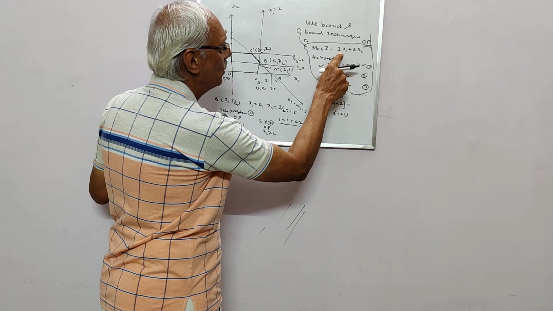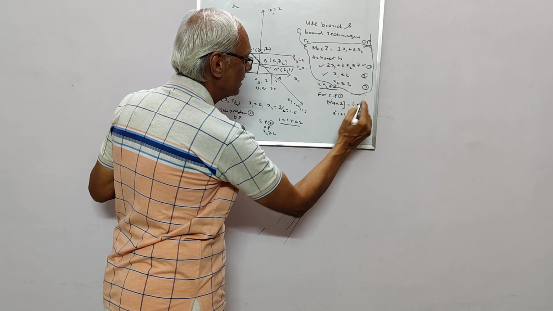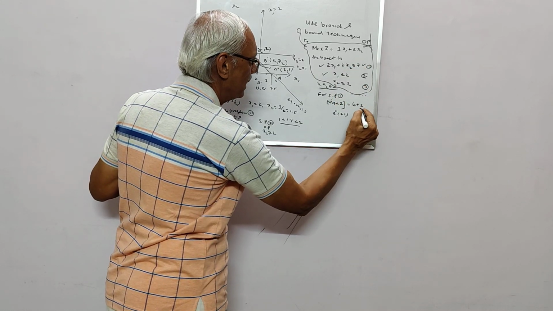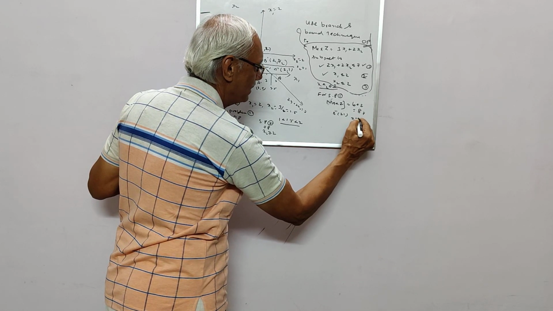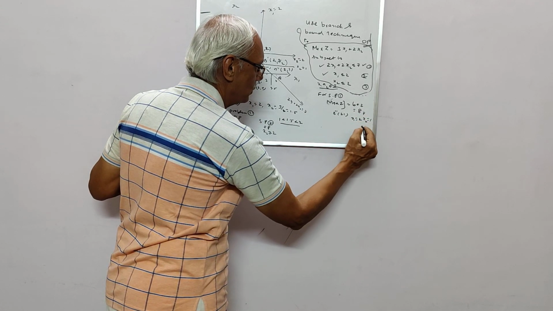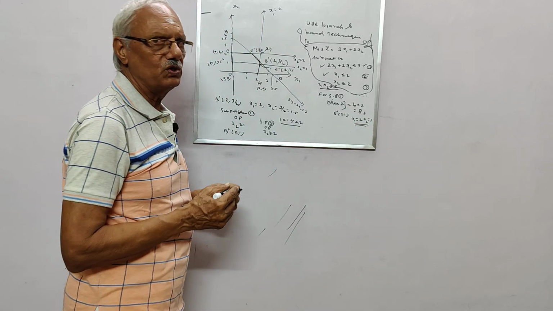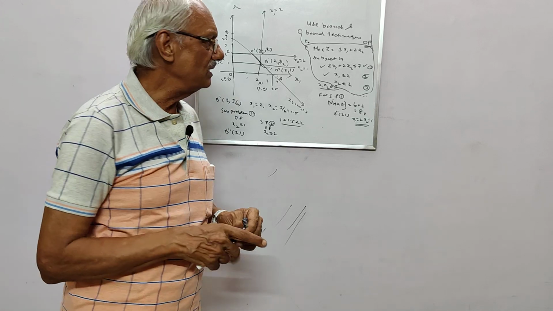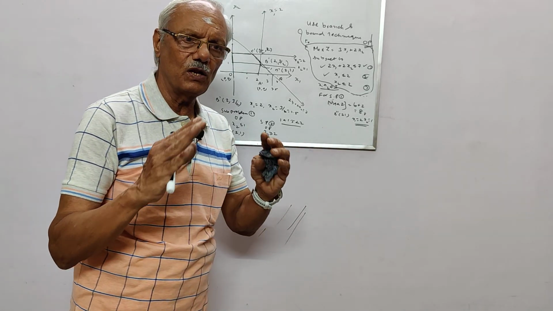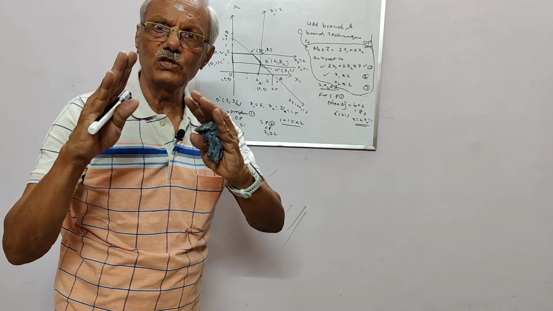Now that means 2 into 3 is 6, plus 1 into 2 is 8. So you get the maximum 8, with x1 is equal to 2 and x2 is equal to 1. They are integer solutions. So you see that you are getting an integer solution for that. Keep this in your mind. This can be your solution.